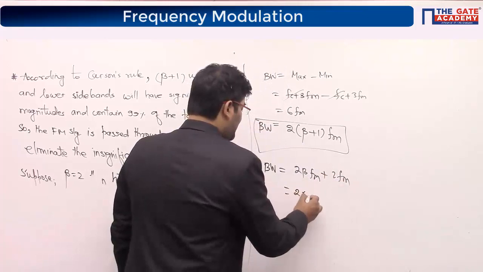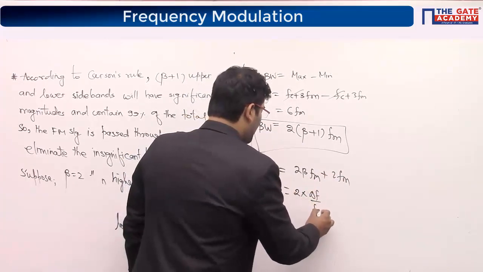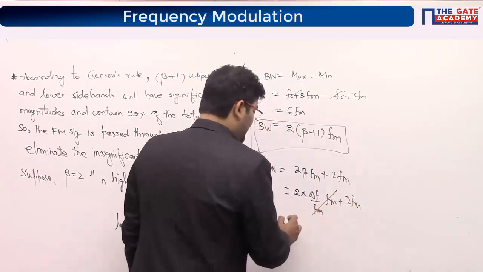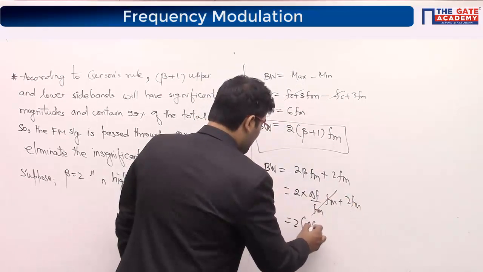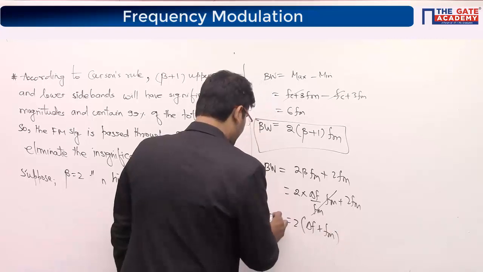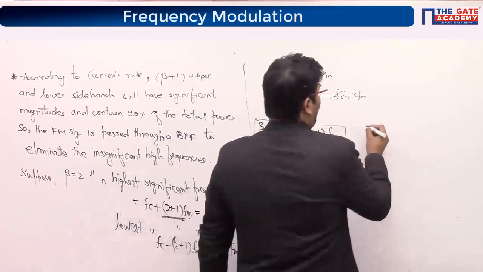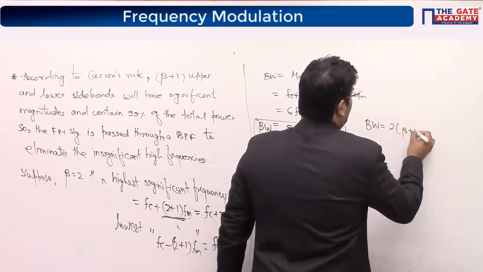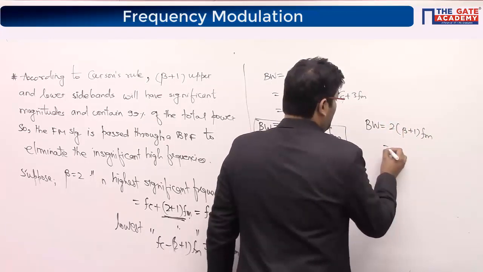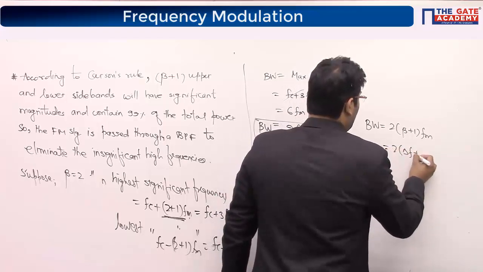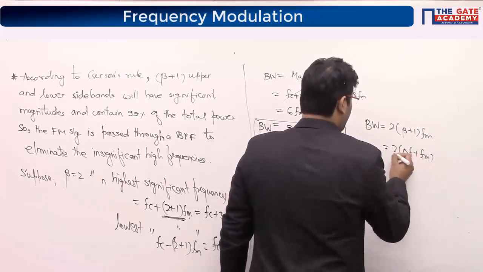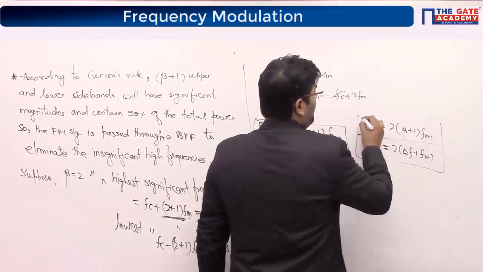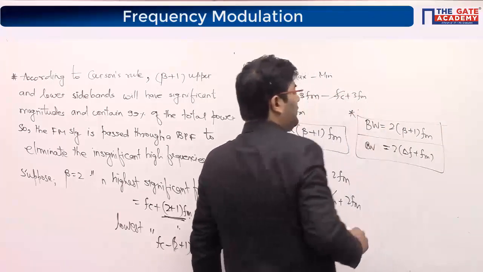We know beta is delta F by FM, right? So you can say that it is twice delta F plus FM, right? So the bandwidth formula is twice beta plus 1 FM, or twice delta F plus FM. Both are correct, guys. Please remember it. Any question?